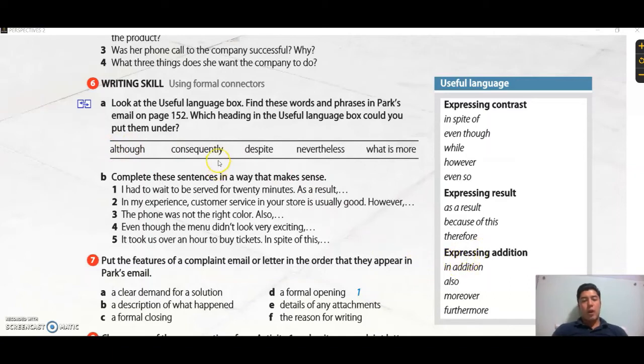Consequently goes in expressing result, because it expresses a result after. Despite goes in expressing contrast. Nevertheless goes in expressing contrast as well. And the last one, what is more, expressing addition.